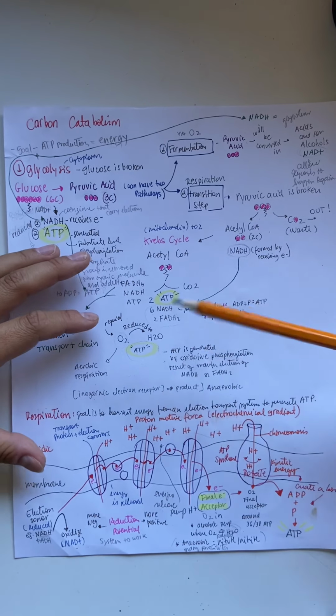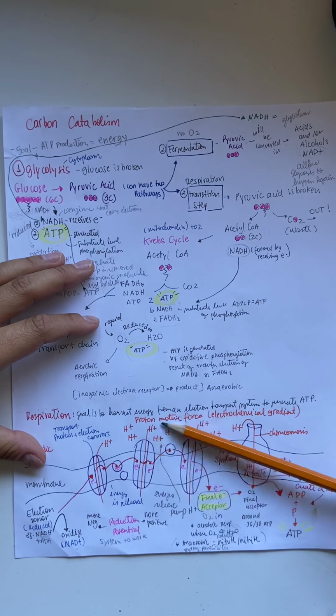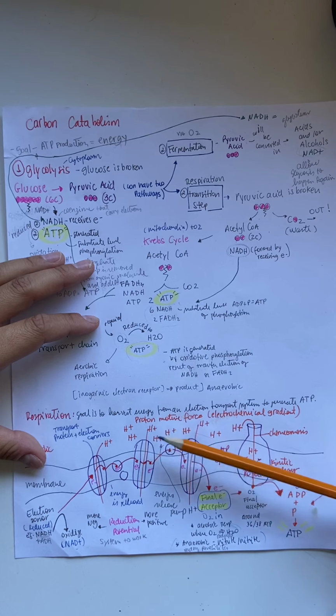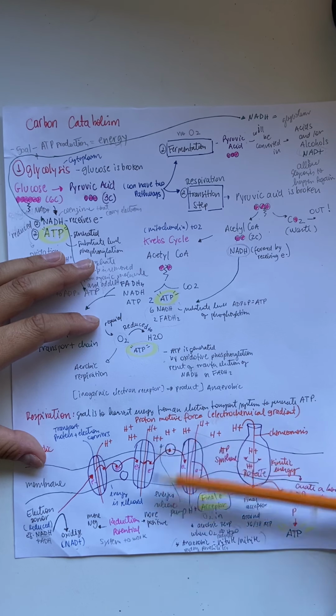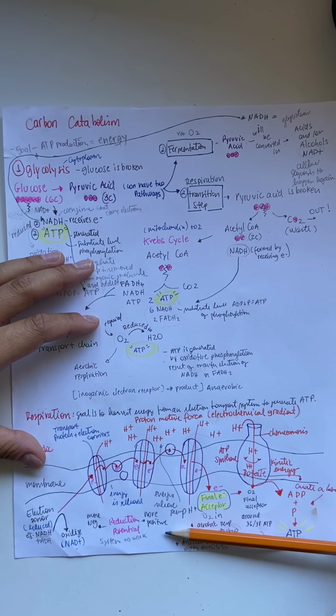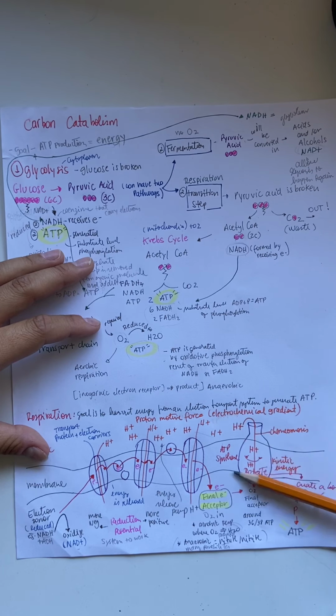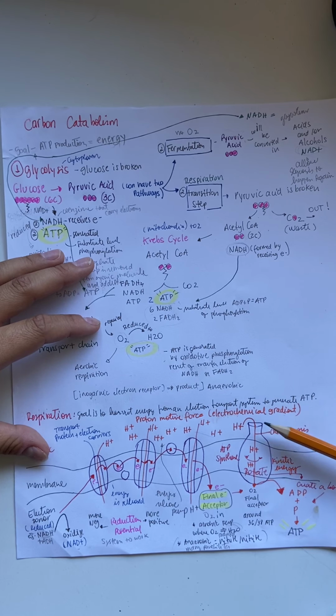Also, since protons are concentrated on one side, they want to be balanced. Since they were forced to cross this membrane to the other side, they are not happy with this, so they want to be balanced. The way they can come back to the other side is through a channel where they can cross, called ATP synthase.